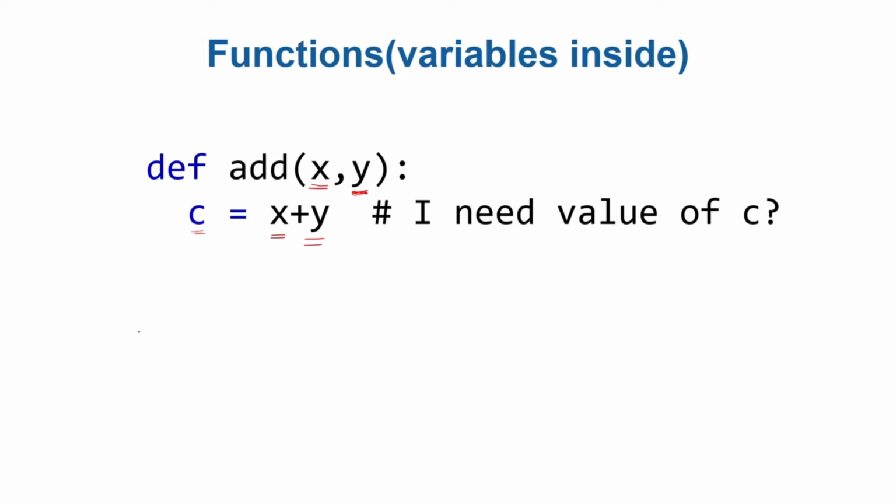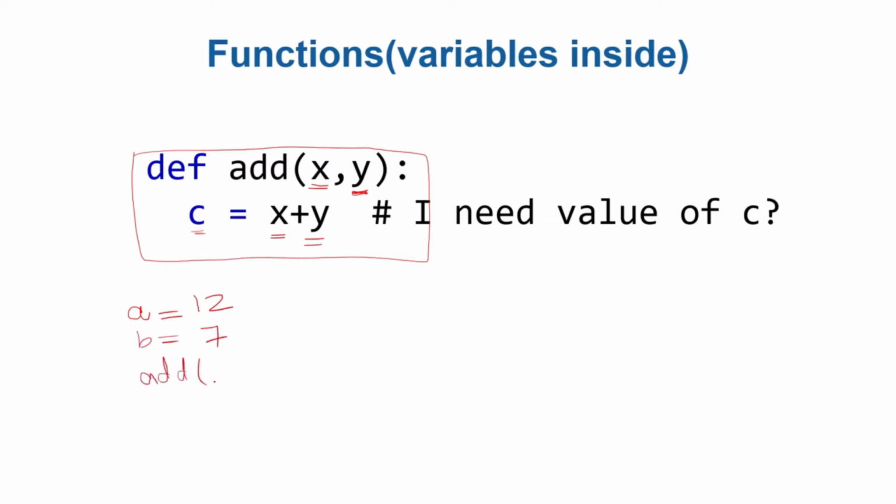Let's say this is the complete function, and a is equal to 12 and b is equal to 7, and you call the function add(a, b). Now the value of a will be copied in x, the value of b will be copied in y. And now you need the sum of a and b to be received in a variable.